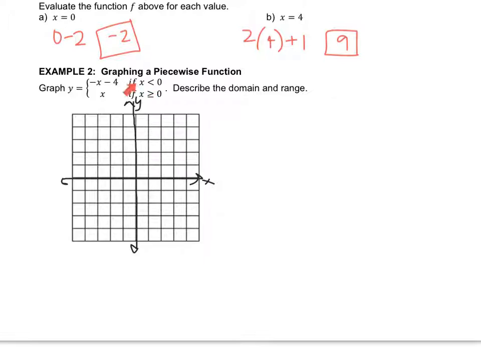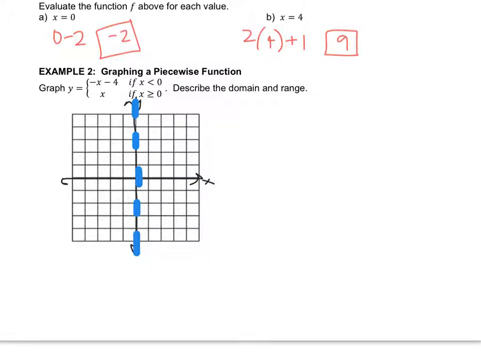So this says that we're at the function negative x minus 4 when the x values are less than 0, and this says that the function is x if we're on the other side of 0. So what you do is you take your pen or pencil and you draw a dashed line down that spot. So I'm drawing a line down 0 to kind of remind myself where that splitting portion is. I drew it down 0.